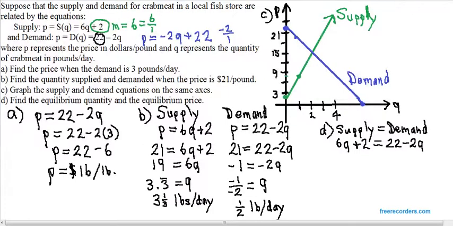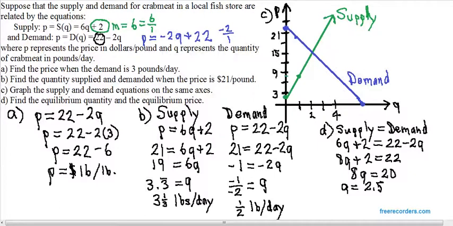So we now need to solve this equation. First thing I'm going to do is add 2Q to both sides, giving me that. Now I'm going to subtract 2 from both sides. I get 8Q equals 20. And I'm going to divide both sides by 8. 20 divided by 8 on your calculator is 2.5.